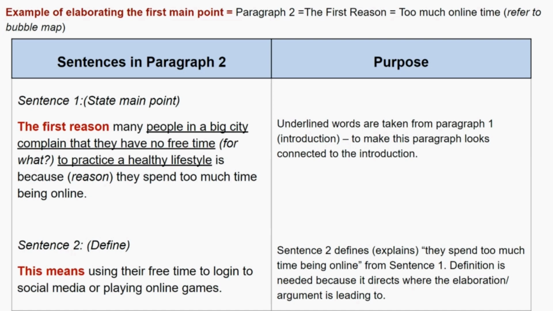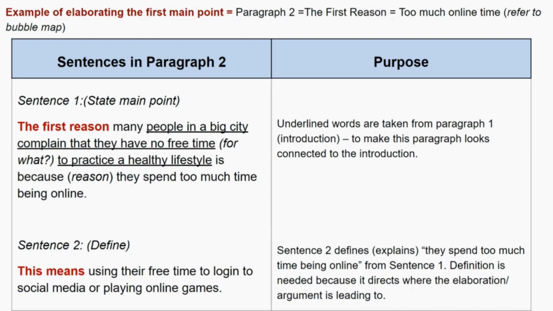The first reason, many people in a big city complain that they have no free time to practice a healthy lifestyle, is because they spend too much time being online. Purpose of this sentence. Underlined words are taken from paragraph 1, the introduction, to make this paragraph look connected to the introduction.